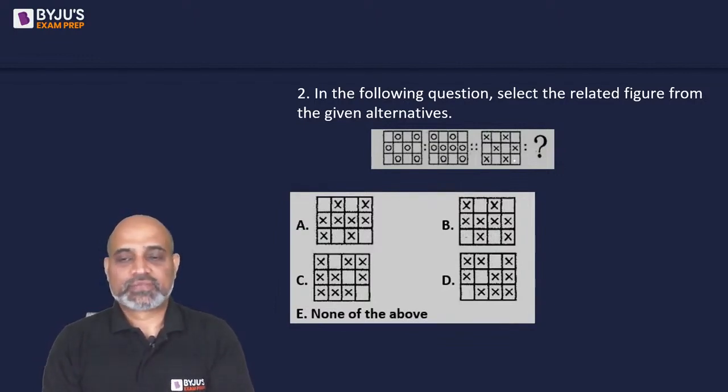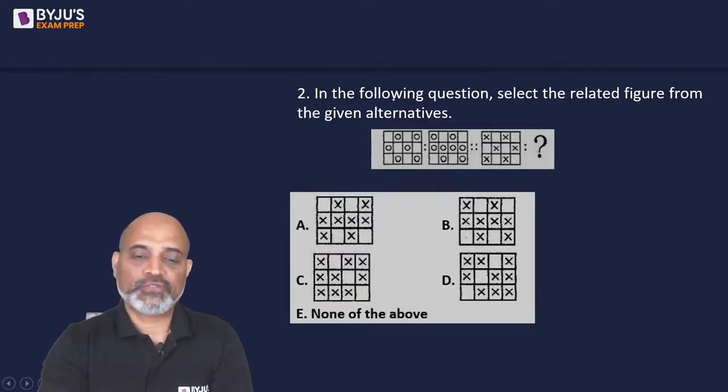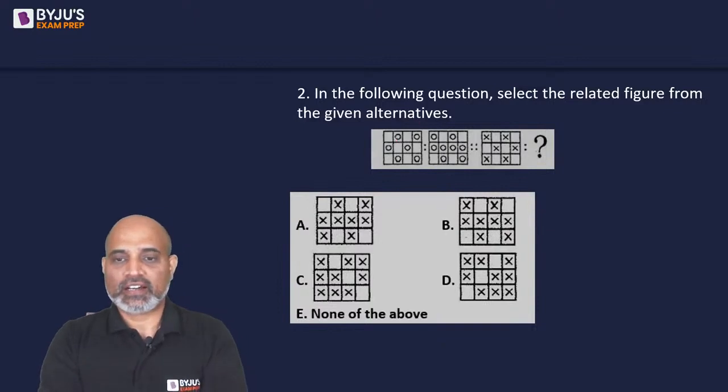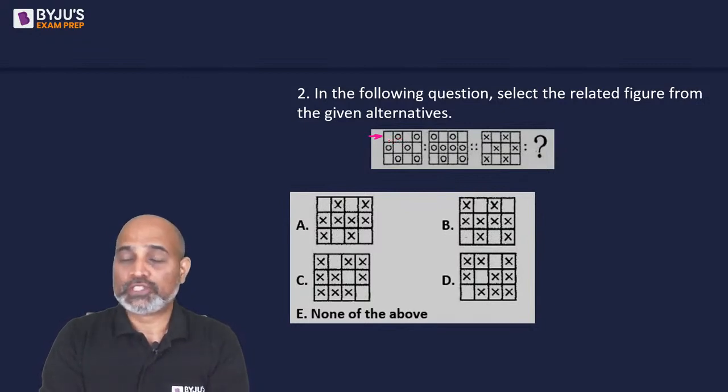Okay. So which one? You can see that in the first and the second figure, in the first row, the squares which don't have the circles now have the circles, and the ones that had circles don't have.